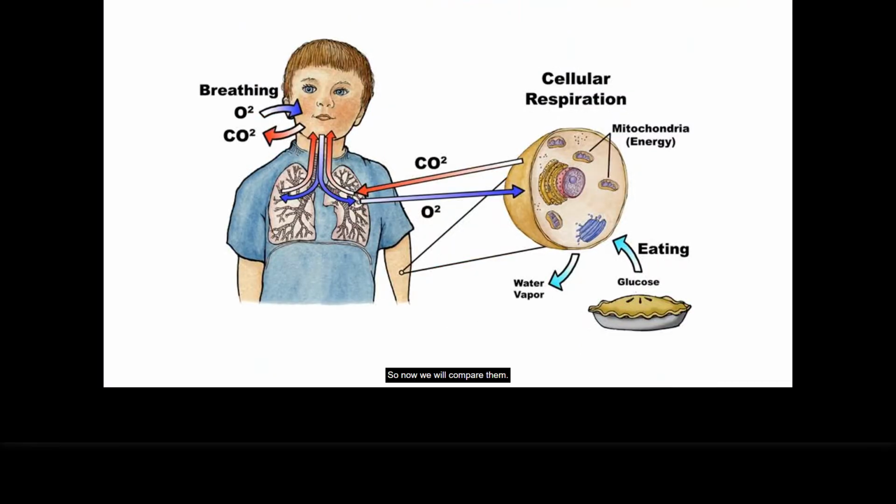Now we will compare what breathing is and what cellular respiration is. These are different processes. During breathing, like this boy, he breathes in oxygen and it moves to his lungs, and between the lungs and the blood gas exchange happens, and oxygen moves into the blood, but carbon dioxide leaves the blood and is exhaled through the nose from the body.